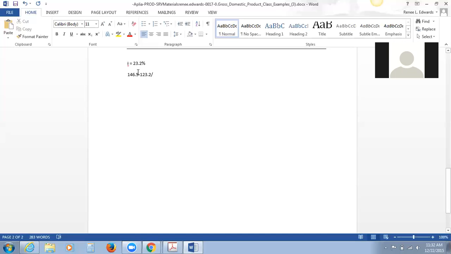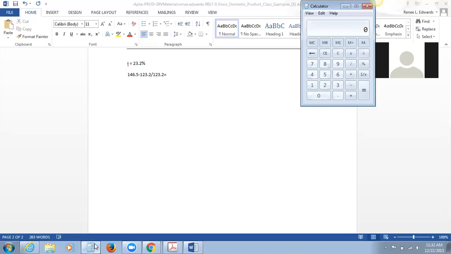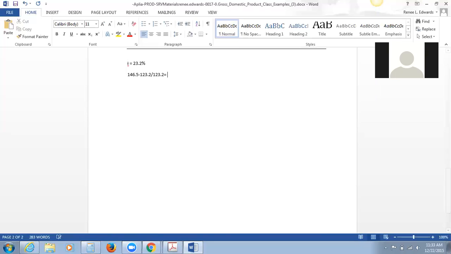Know how to do a percentage change, new minus old over old. 146.5 minus 123.2 is 23.3, and 23.3 divided by 123.2 is going to give me 18.91.